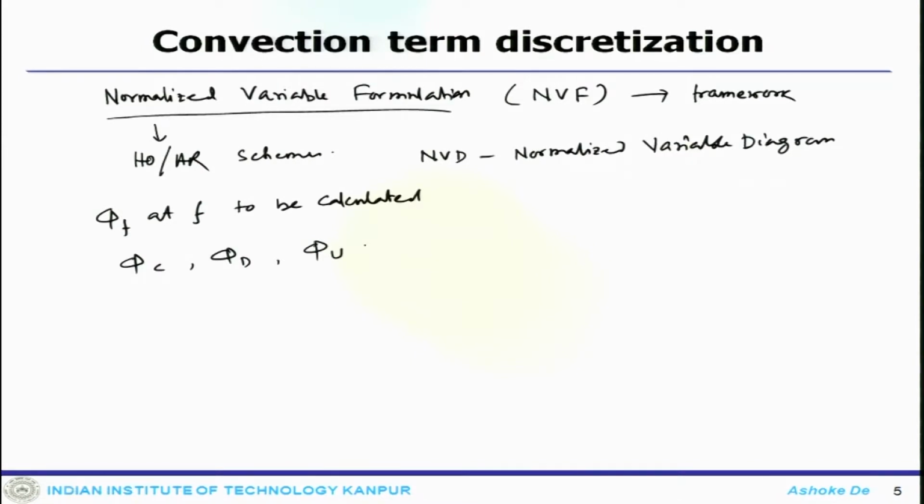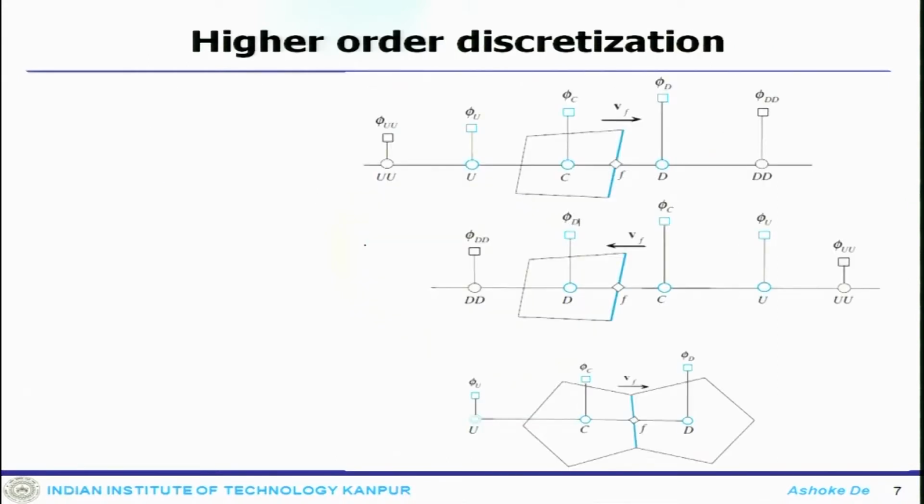So, if you see how one can do that, this is the schematic. The schematic shows the cell which we are interested in; upstream of the cell is u, downstream of the cell is d, further downstream dd, because our velocity direction at that face is in that direction, and far upstream is uu. So, these are used in the structured system for deriving or describing this kind of system.